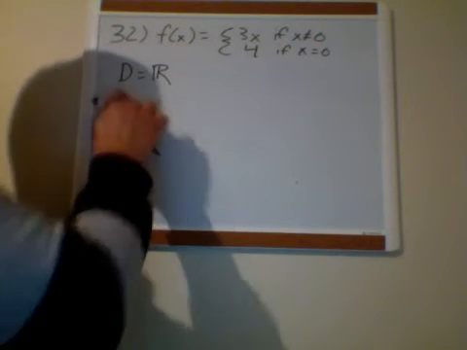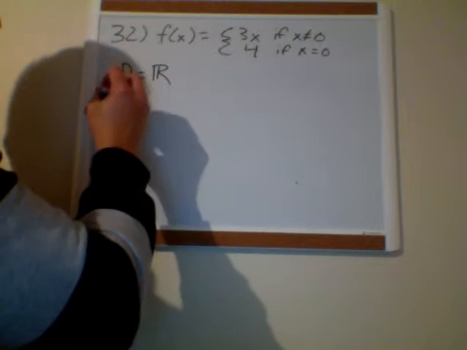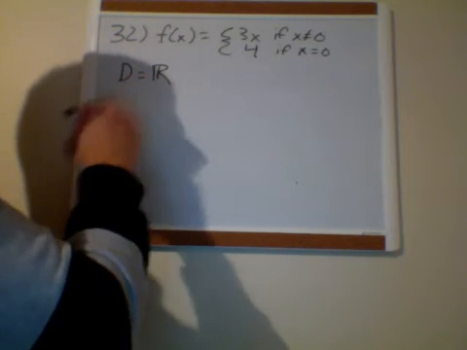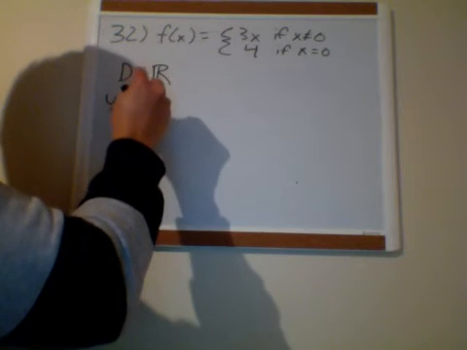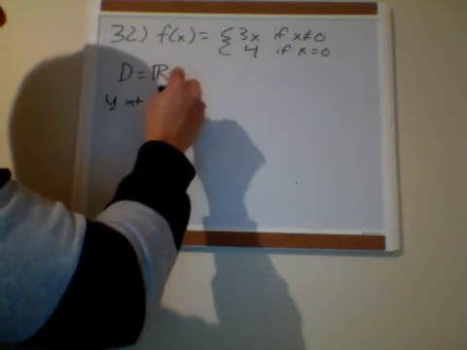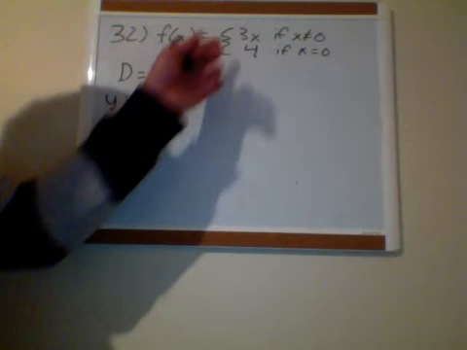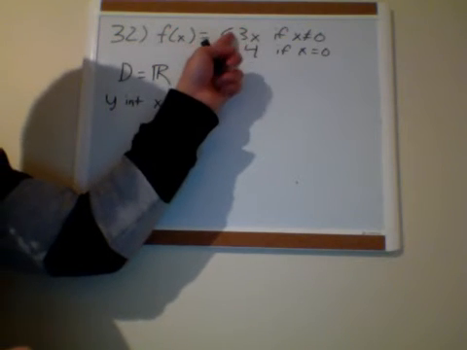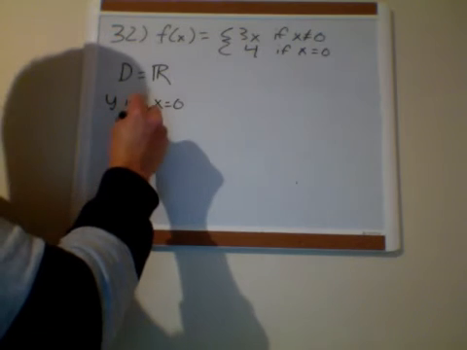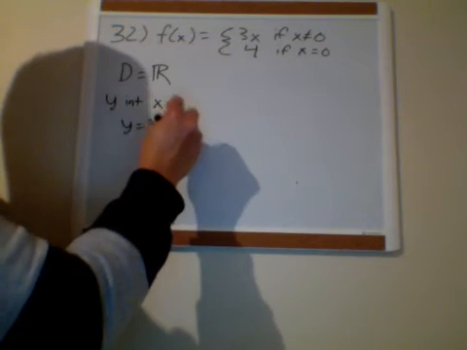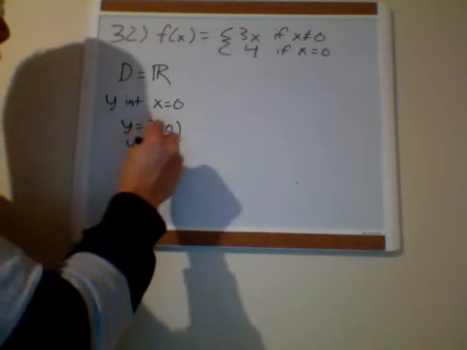Now, if I want to find the y-intercept, I'm going to set x is equal to 0. So if I do the first function, this becomes y is equal to 3 times 0, and so y is equal to 0.